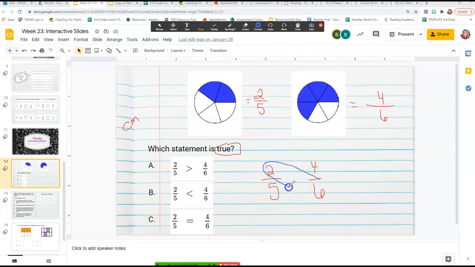So I have 6 times 2, 1, 2, 3, 4, 5, 6, 1, 2, 3, 4, 5, 6, that is 12.